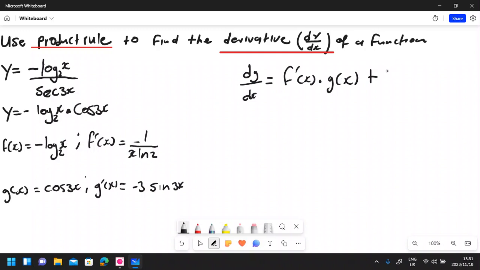Now the second term, the f of x is not going to be differentiated, multiplied by g of x prime. This time around, we differentiate g of x. I hope you guys can see this is the actual formula for the product rule.